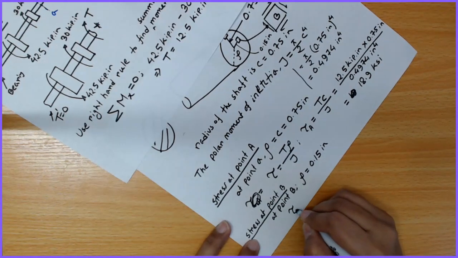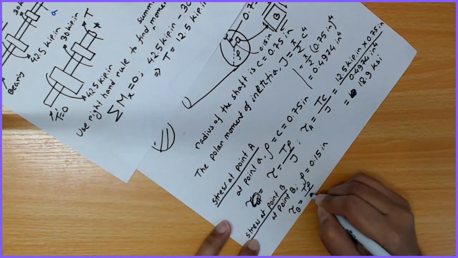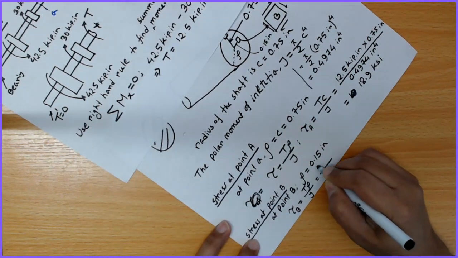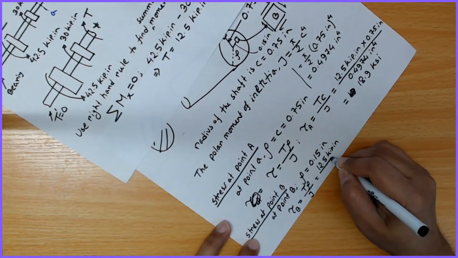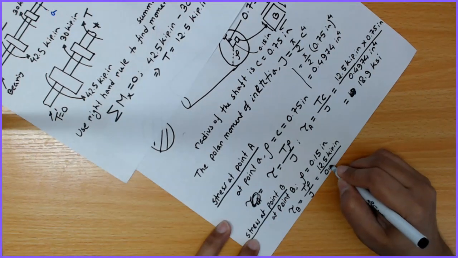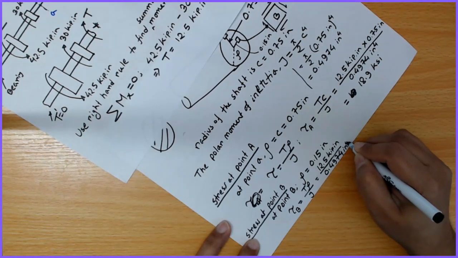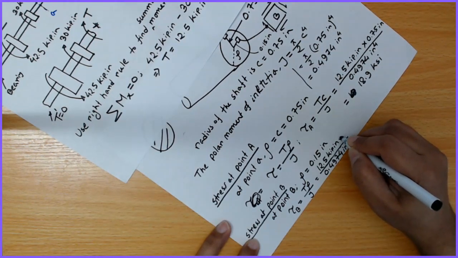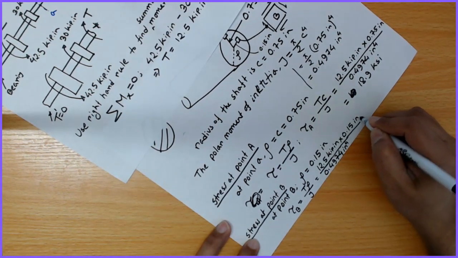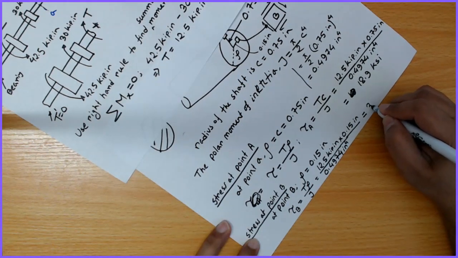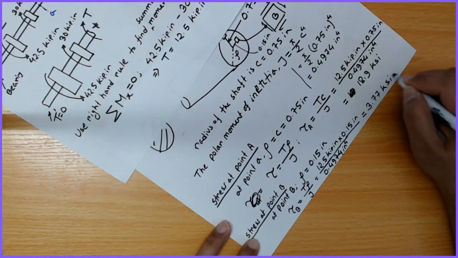So tau B is going to be T rho divided by J. We know T is equal to 12.5 kilopound inch, and J is 0.4974 inch to the power 4, multiplied by rho equal to 0.15 inch, that is going to be 3.77 KSI.